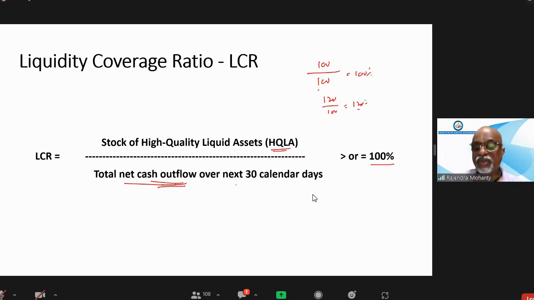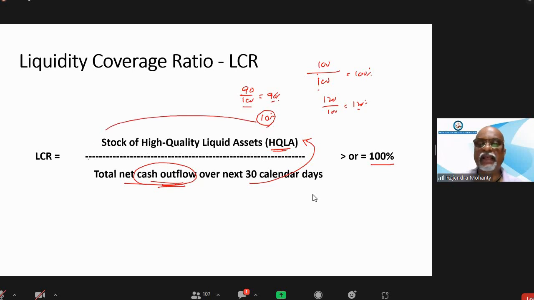So you have to calculate what your net cash outflow is for the next 30 days, and according to that, maintain HQLA at least for that period. Sometimes banks fall behind this ratio. Say some bank has achieved 90. That means it is 90%, so there is a shortfall of 10%.